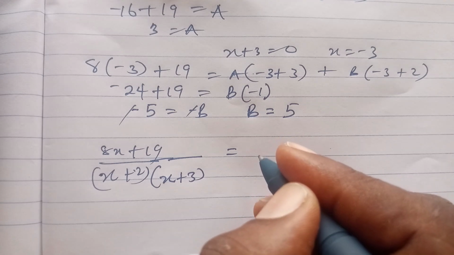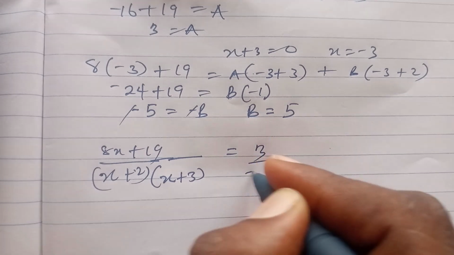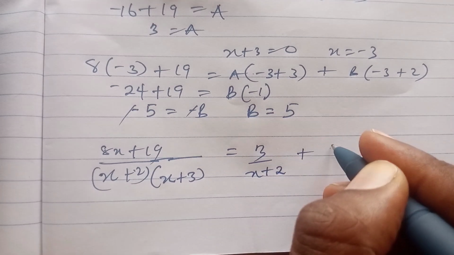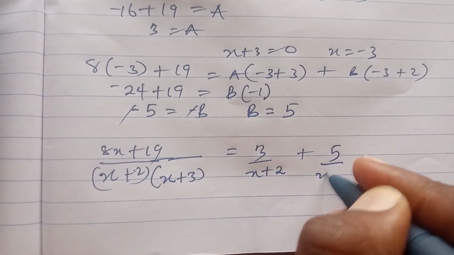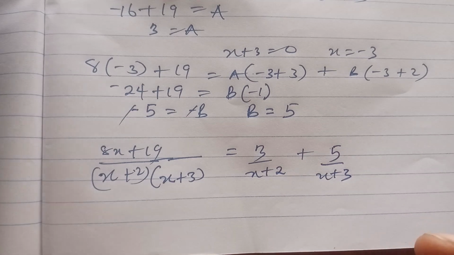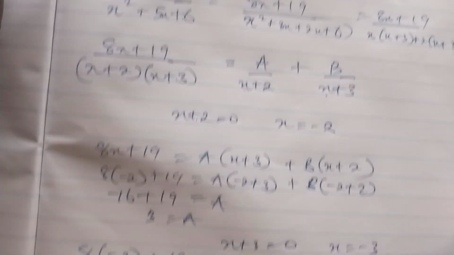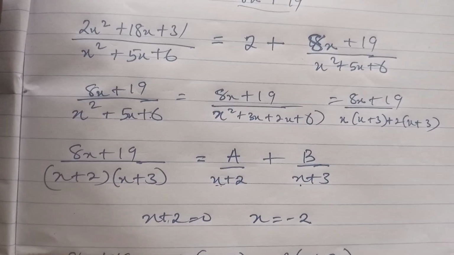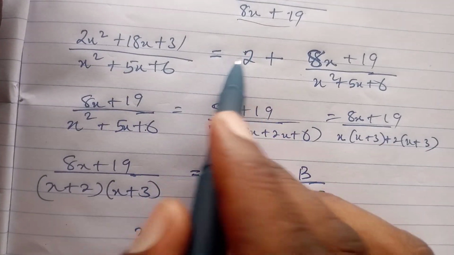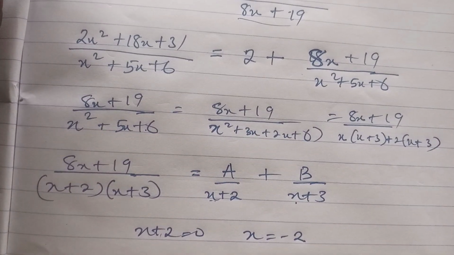My value of A is 3 over (x plus 2) plus B. B is 5, over (x plus 3). Now, don't forget that in the equation we separated this part. Don't forget this part. It is 2. You understand?